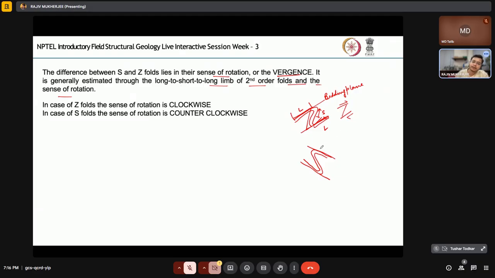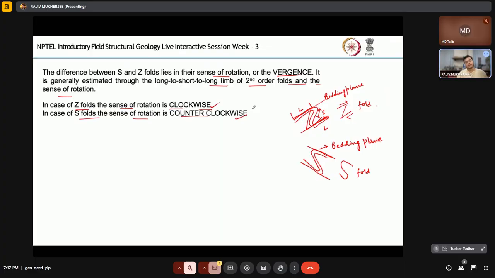This is again the trace of the bedding plane, and this generally makes the shape of S, and this is the S fold. This is the Z fold. In case of Z folds, the sense of rotation is clockwise, and in case of S folds, the sense of rotation is counterclockwise.